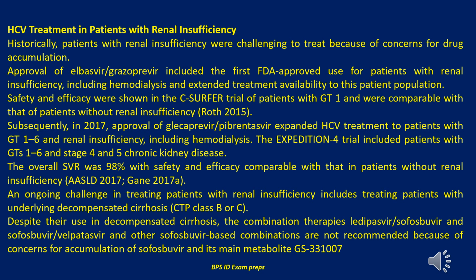The overall SVR was 98% with safety and efficacy comparable with that in patients without renal insufficiency, according to the AASLD 2017, and GAIN 2017a. An ongoing challenge in treating patients with renal insufficiency includes treating patients with underlying decompensated cirrhosis, CTP class B or C.